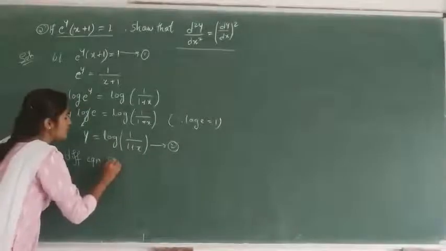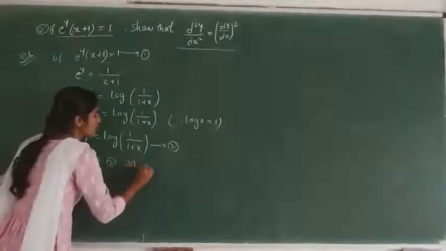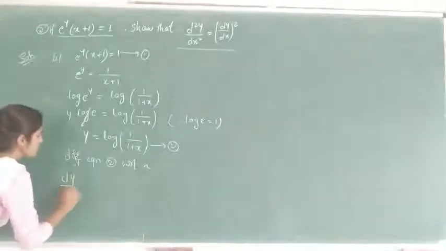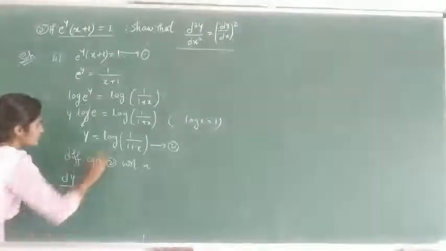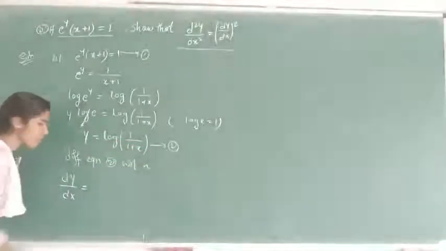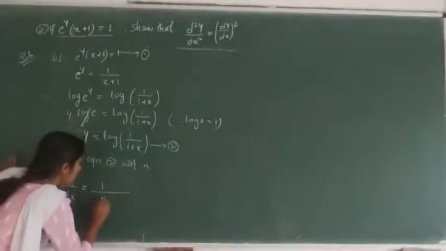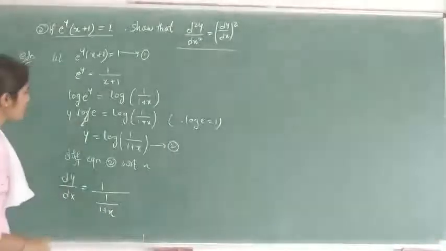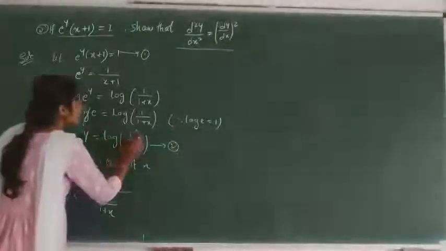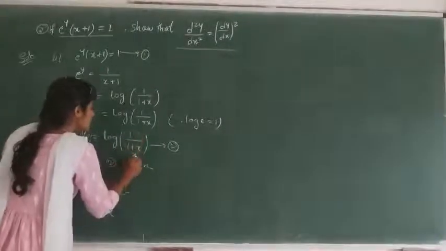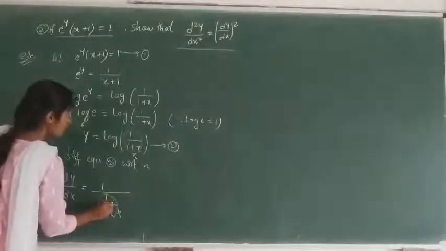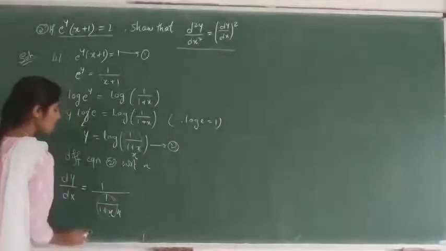Differentiate equation 2 with respect to x. So what happens? The derivative of y with respect to x, that is dy by dx, is equal to the derivative of log x, that is 1 divided by x, where x here means 1 by 1 plus x.